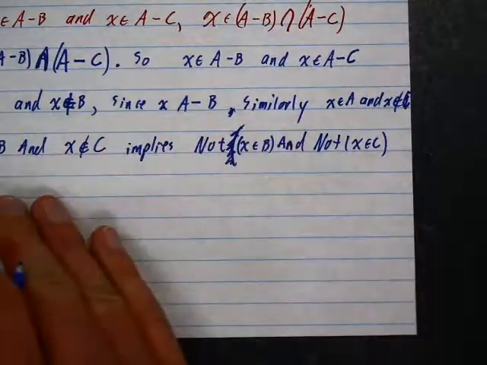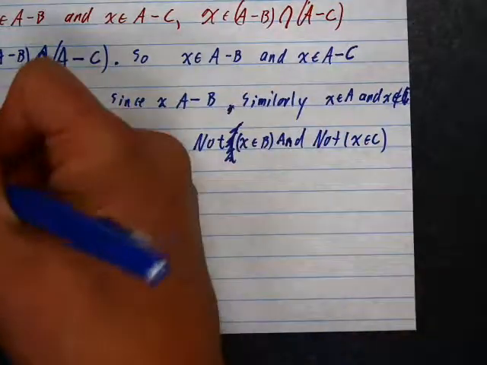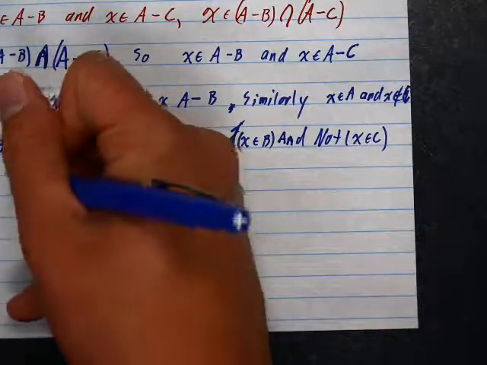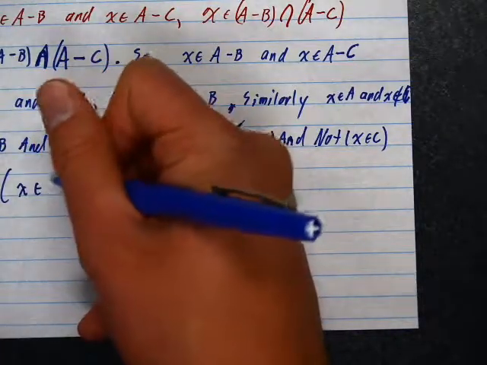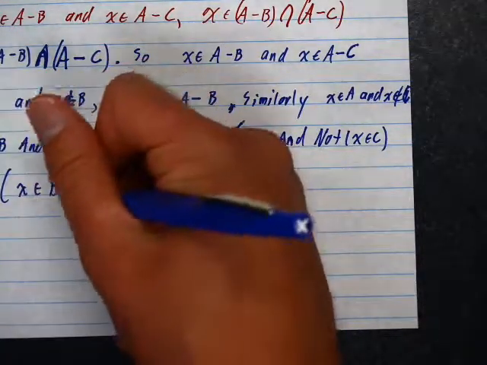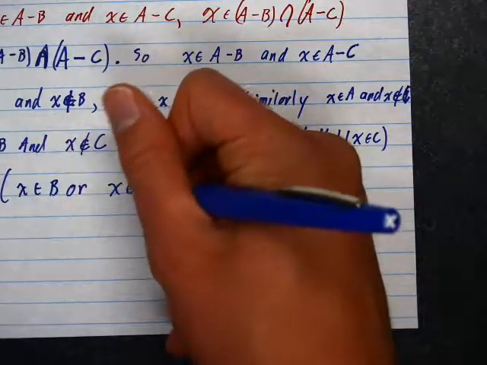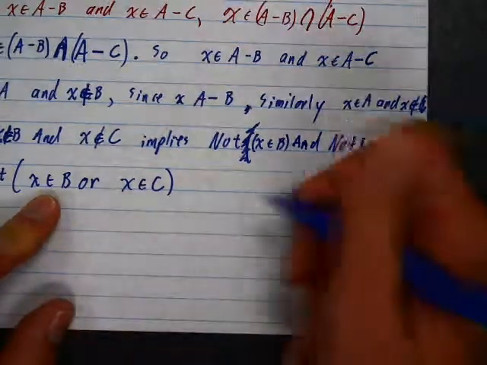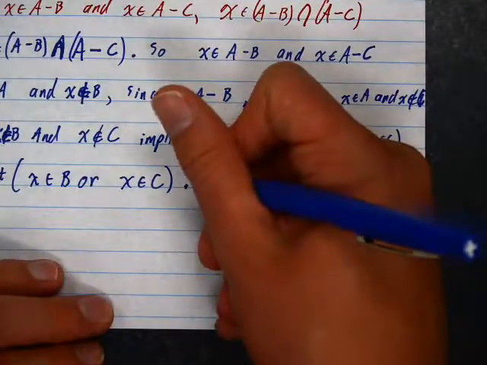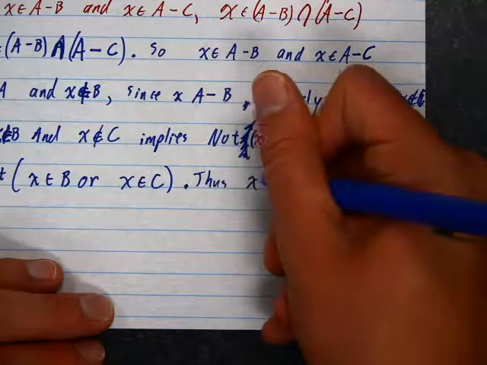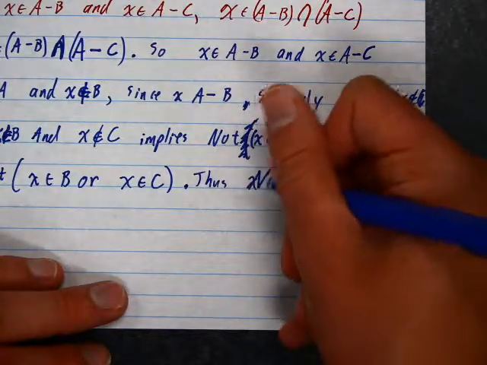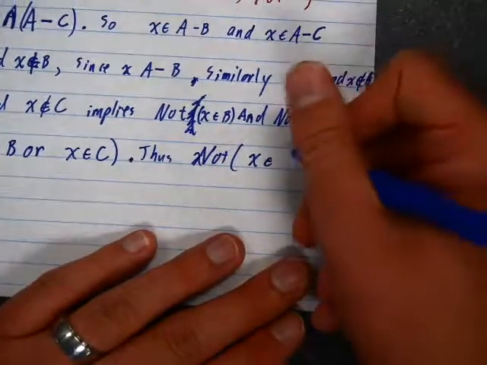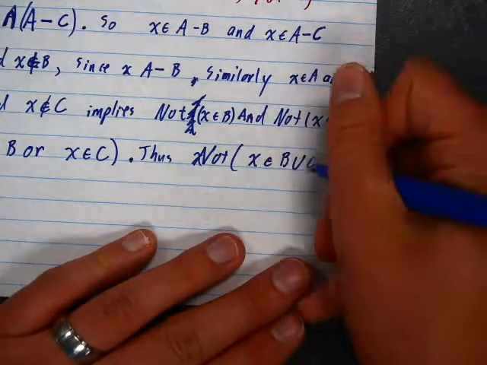I can pull the not out and turn that and into an or. So not x is in B or x is in C. But look in there, x in B or x in C, that means x is in the union. Thus, not x is in B union C.